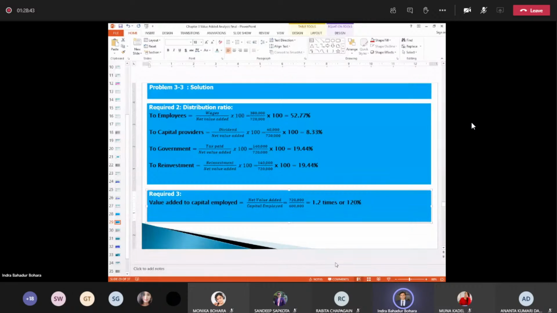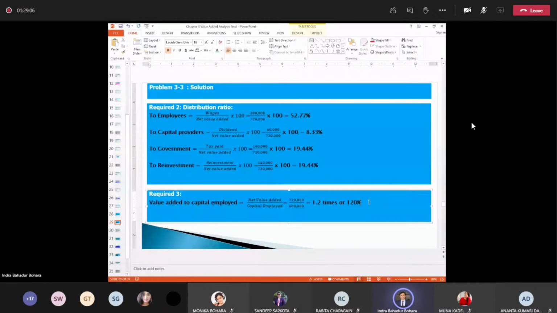Yes, it is satisfactory because the total capital of the company is 6 lakh rupees and it added value of 7,20,000 during the year. So in terms of capital employed, the value added is 1.2 times.